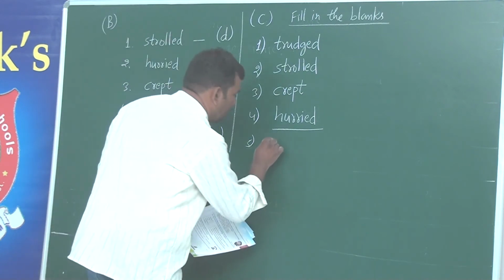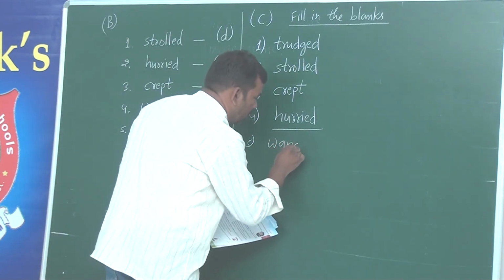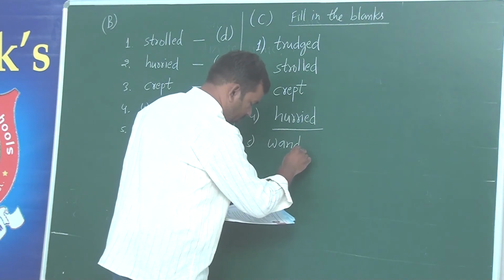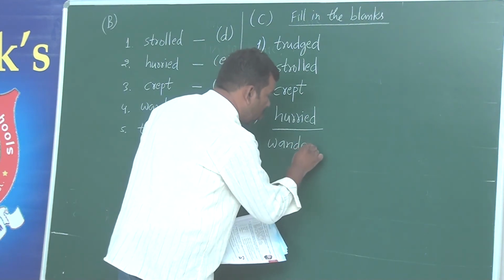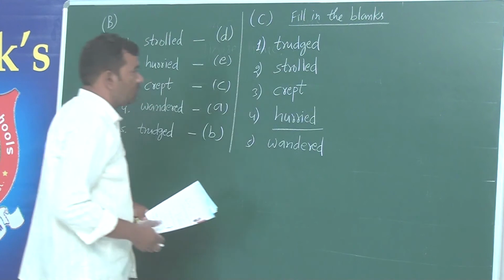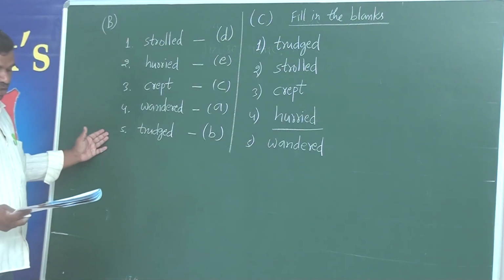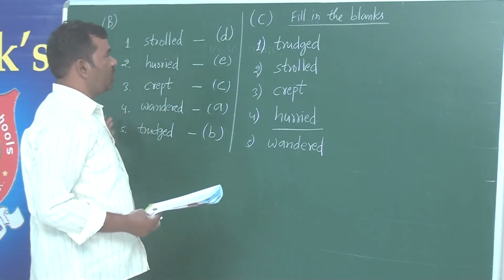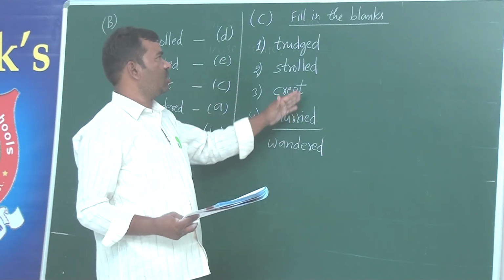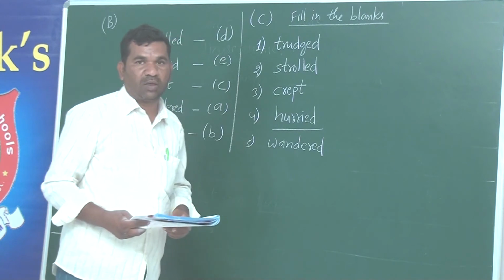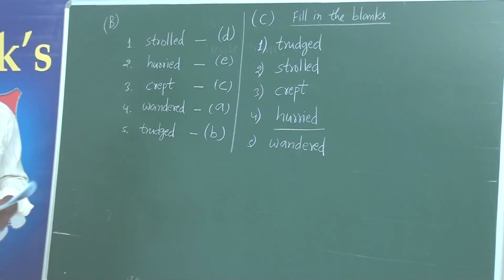We wandered. And the last one is wander. Got it? So these are the matchings. On one side are the matchings and on the other side the answers for the blanks. Okay? Write it quickly. Note them quickly.